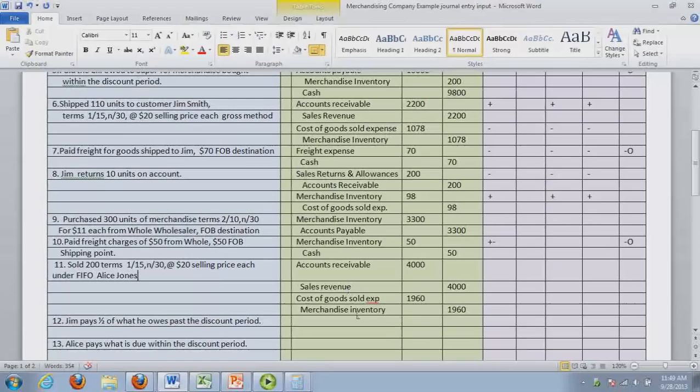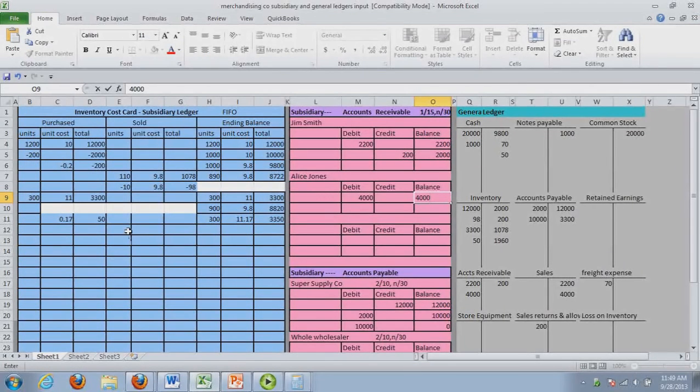And then we have, of course, merchandise inventory for 1,960. So it was a sale to the customers, so we should be able to pick up 200 units at $9.80 for 1,960. And now we just have to be careful.